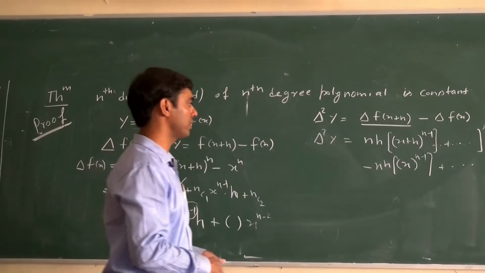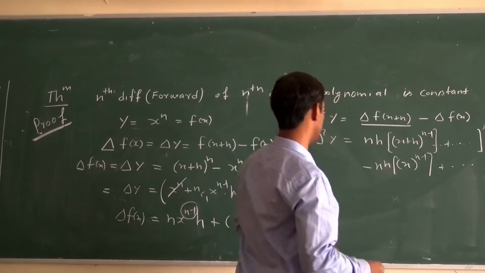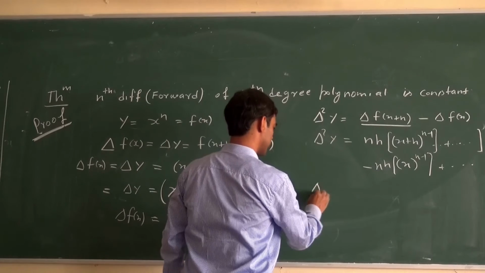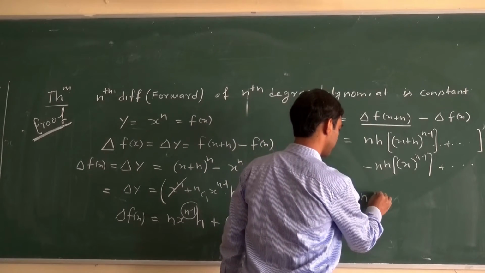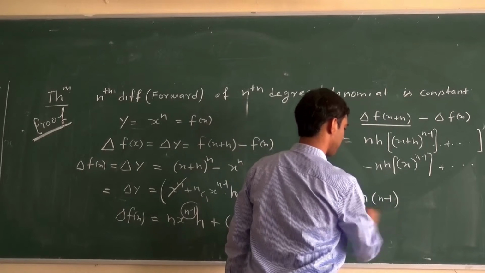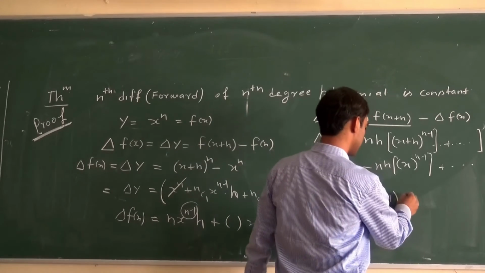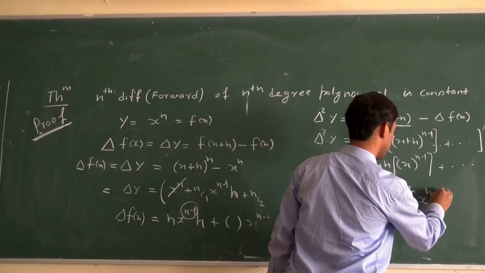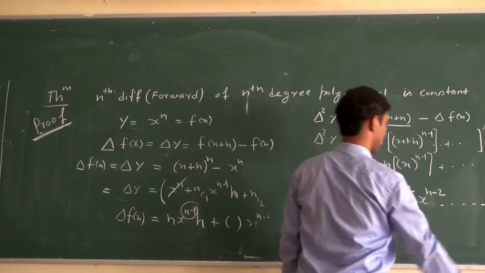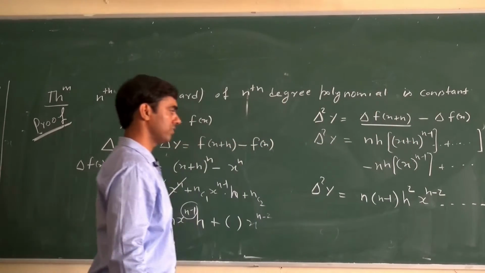If we expand this, Δ²y becomes n(n-1) h² x^(n-2) and lesser power terms. This is the first term.